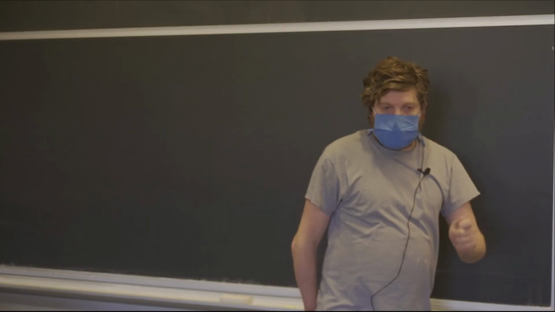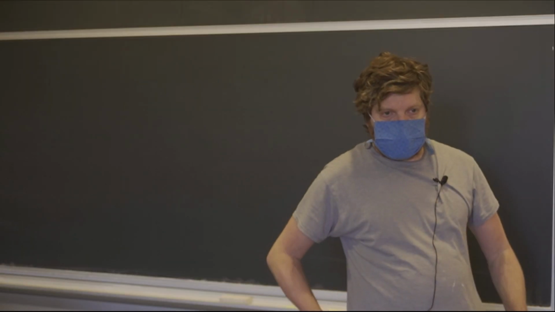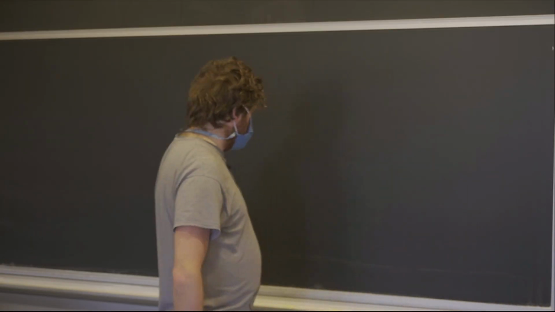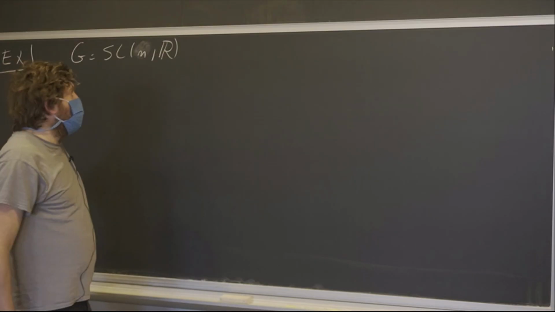So let's go back to the examples and to this resonance versus non-resonance, because this is a very important subject. Let's remember example 1: G is SLNR. Let's just do SLN, because it's not really much of a difference.